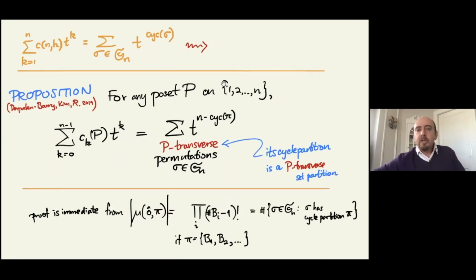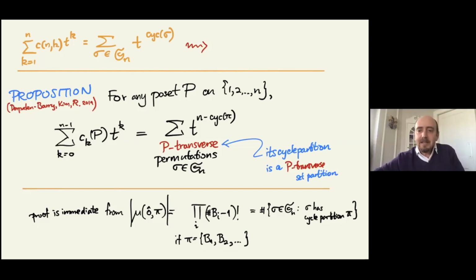Now, slightly more interesting is the second formula, the one that said the Stirling numbers of the first kind were keeping track of permutations according to the number of cycles. What you can do is say, these Whitney numbers for the poset are keeping track of p-transverse permutations, not set partitions, but there's a notion of p-transverse permutation.